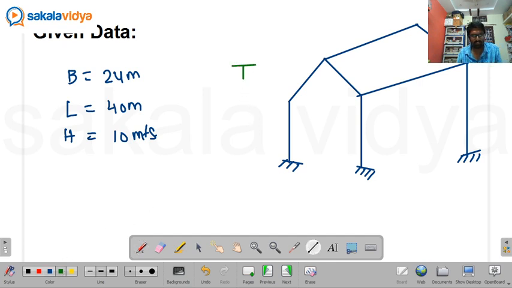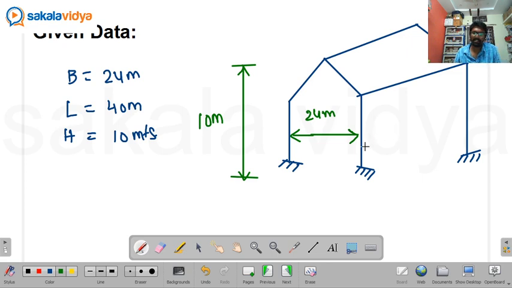Its height is 10 meters, its width is 24 meters, and its length is 40 meters.